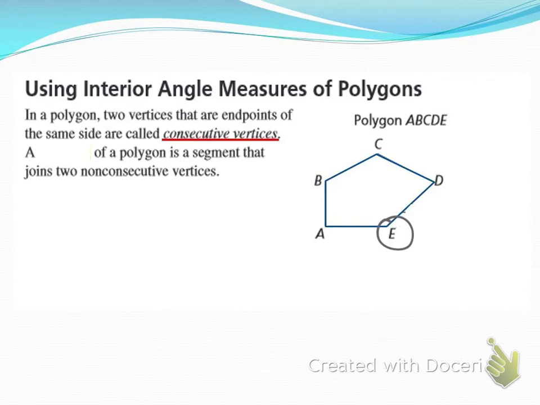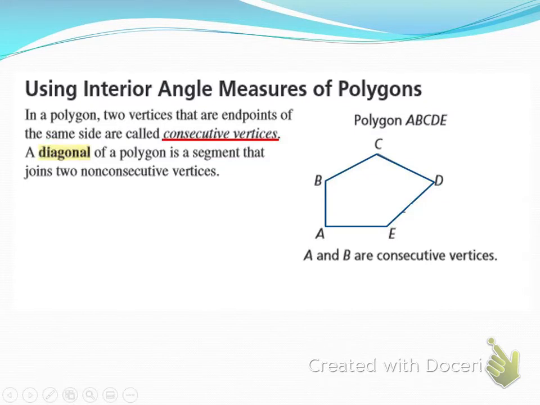E consecutive means it is on the same side. So EA and ED. So the reason this is important is we're going to be drawing diagonals, and a diagonal of a polygon is a segment that connects two non-consecutive vertices.